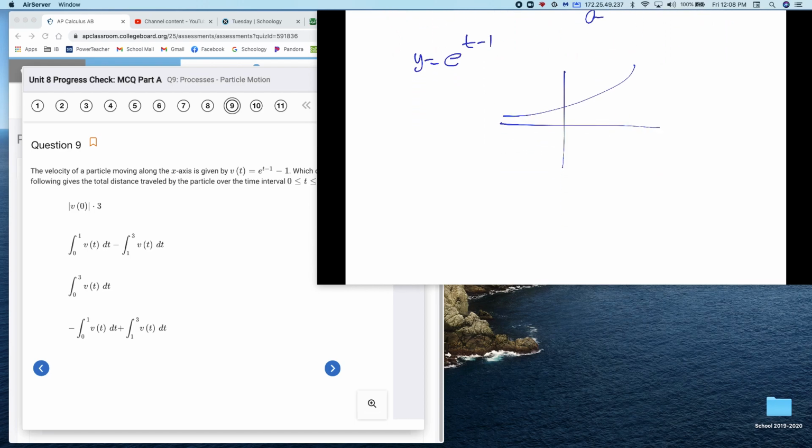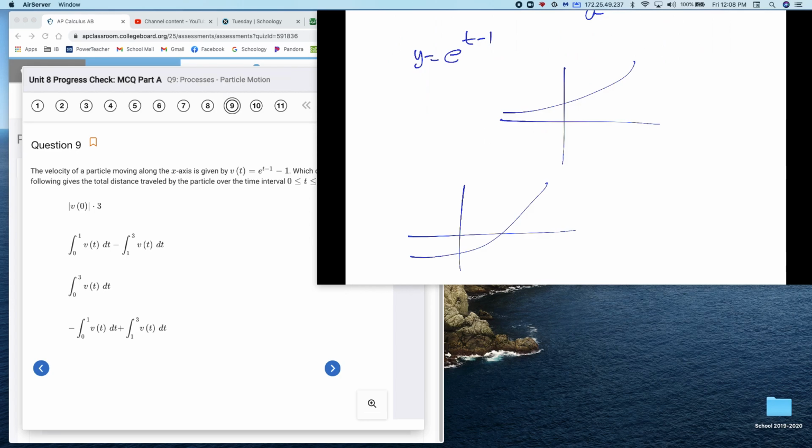So this might be an exponential graph that looks like this, where you have y equals e to the t minus 1 minus 1. So this movement is maybe to the left, and then if you go out to 3, this movement is to the right.